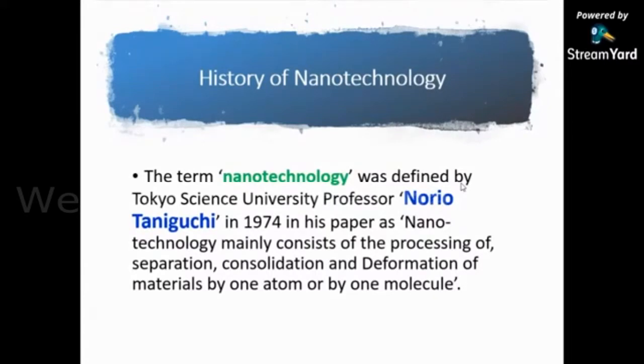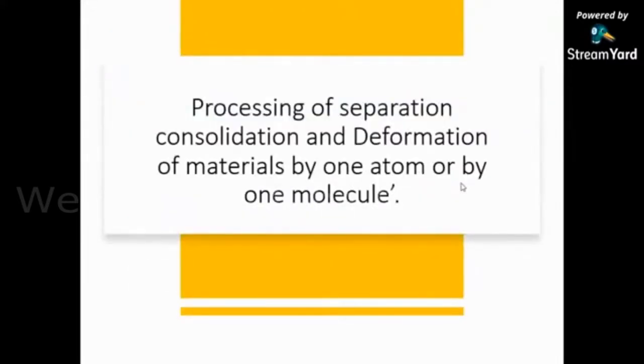We separate, consolidate, and deform the materials by one atom or one molecule. And this is exactly what is mentioned in the previous slide: it's always separation, consolidation, and deformation.